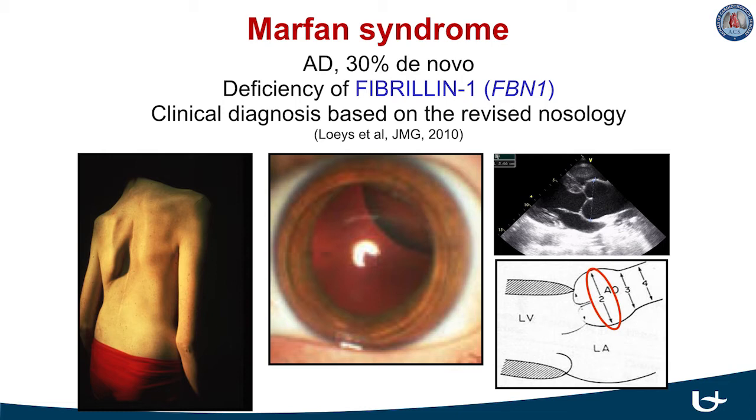60% of all Marfan patients do have lens dislocation or ectopia lentis, which can only be formally diagnosed with a slit lamp exam.